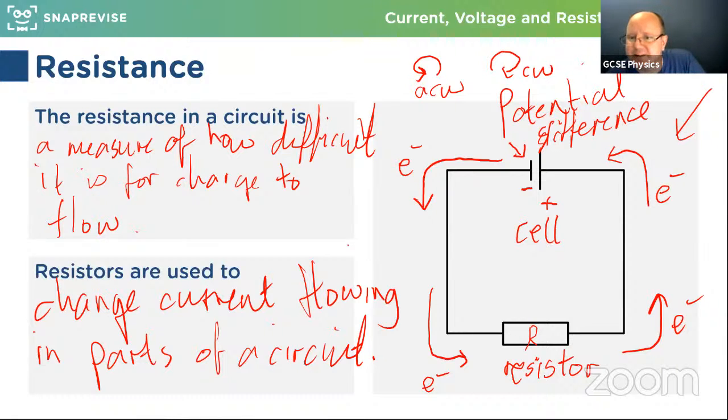And I tend to always describe the electron flow using an arrow outside the wire. This is currently for foundation and higher, where there's higher content only. That is detailed on individual slides, and some sessions are for higher only. So the electron flow is actually the opposite direction to conventional current.